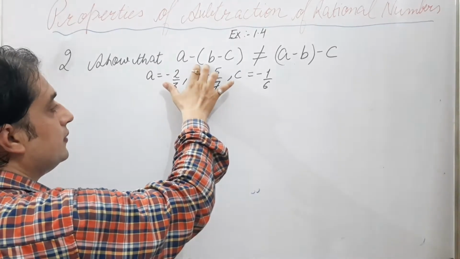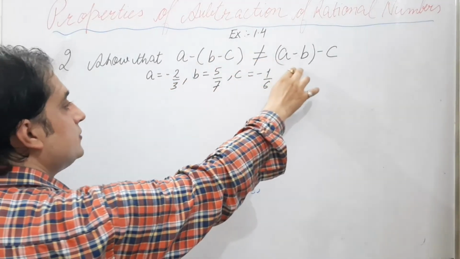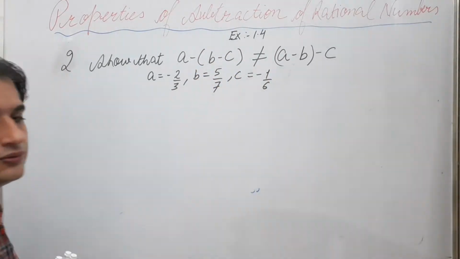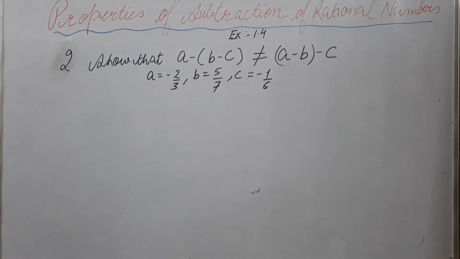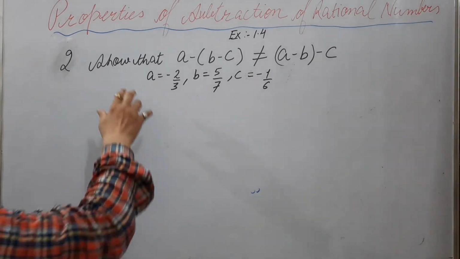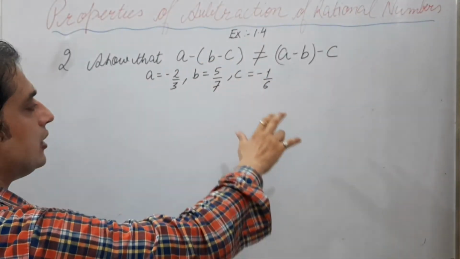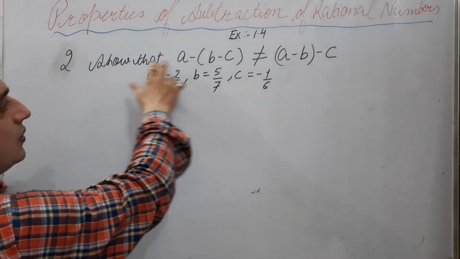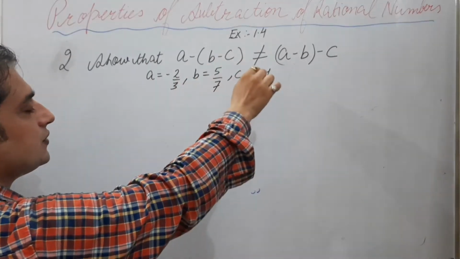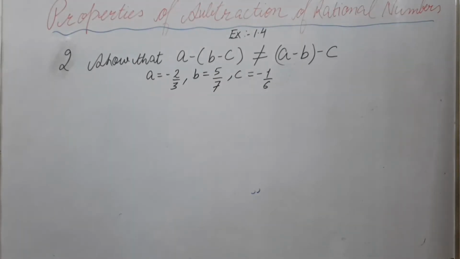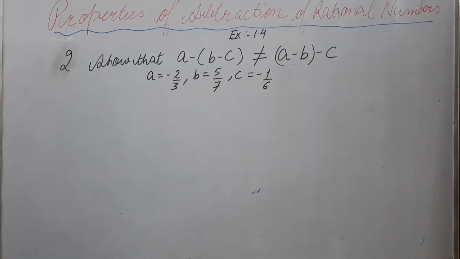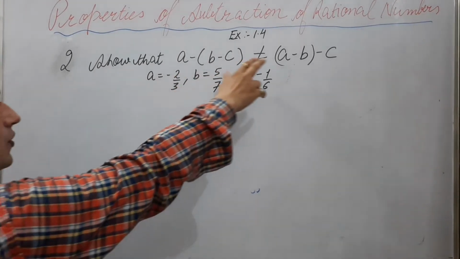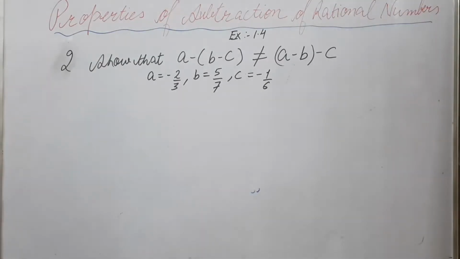So in this order and in this order, the three rational numbers are grouped, and we have to show whether these two values are equal or not. But here we have to show that these two values are not equal. Right? So left hand side is not equal to the right hand side.